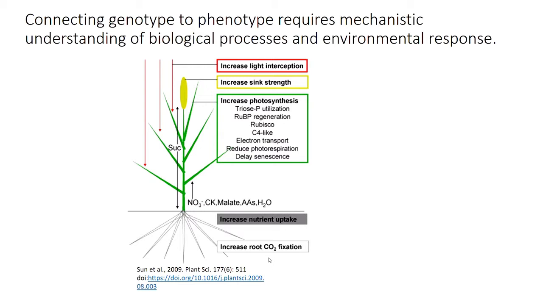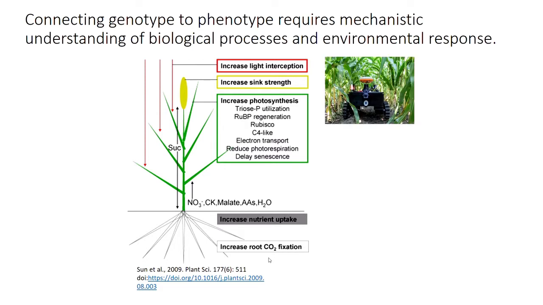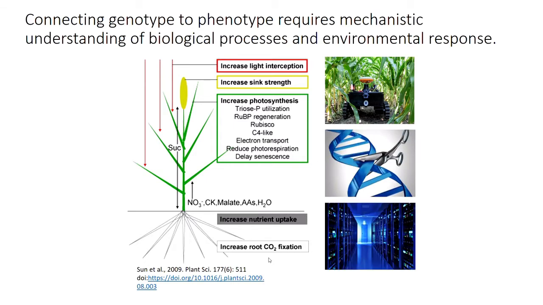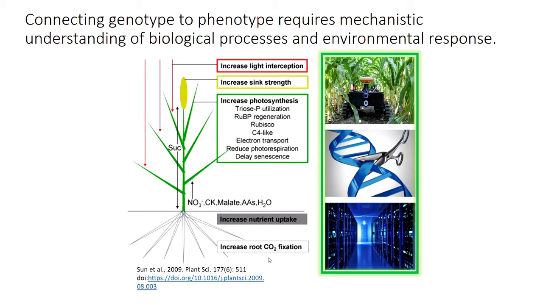So this prescriptive ideotype breeding can be achieved by integrating new technologies like high throughput phenotyping, gene editing, and high performance computing. And one way to integrate these technologies in order to advance our understanding of genotype to phenotype relationships is through the use of mathematical modeling.